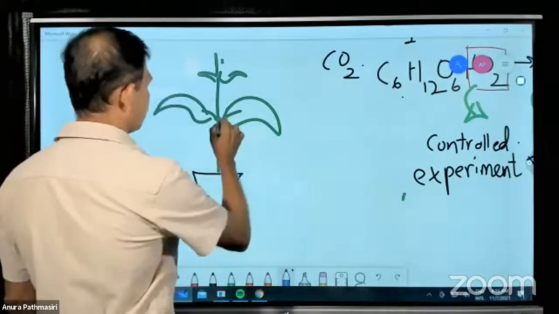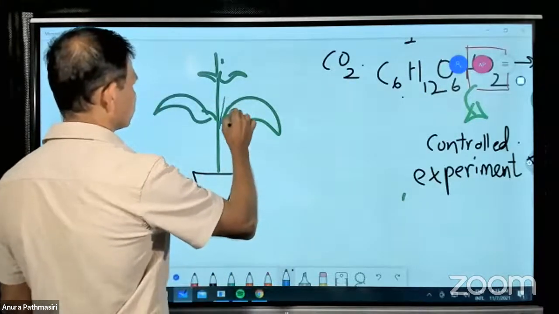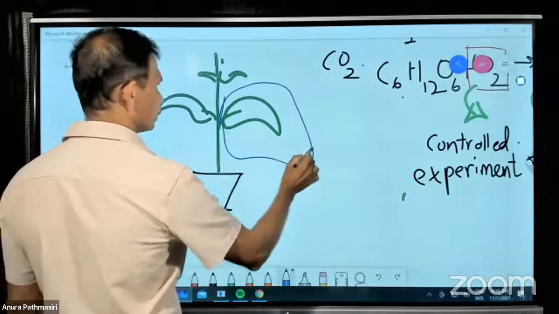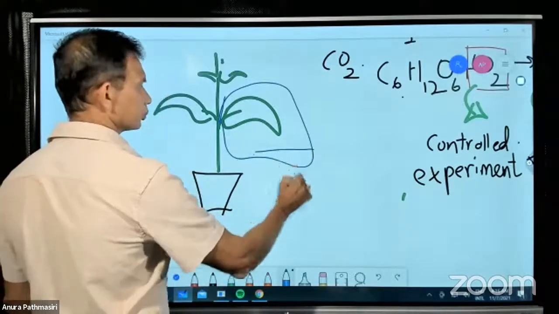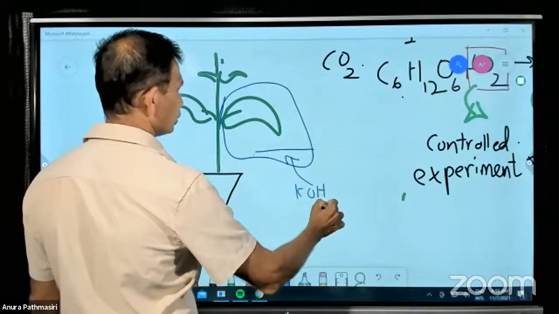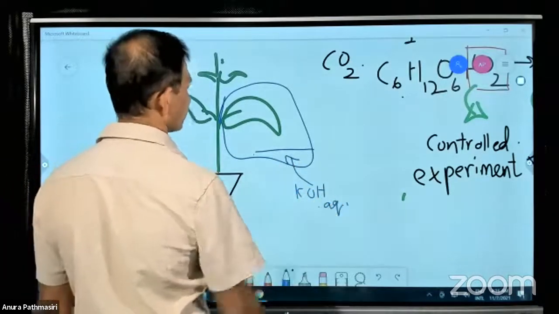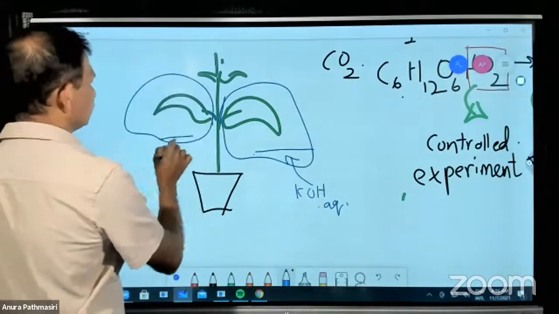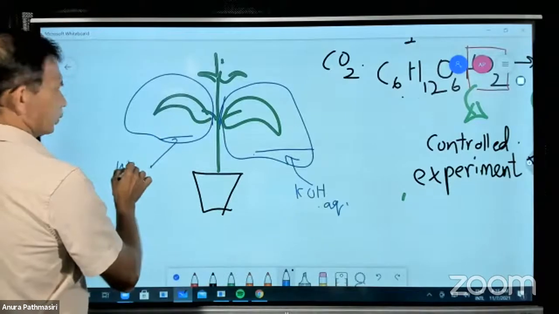So we can cover this one and put potassium hydroxide solution, and in this one we put water.